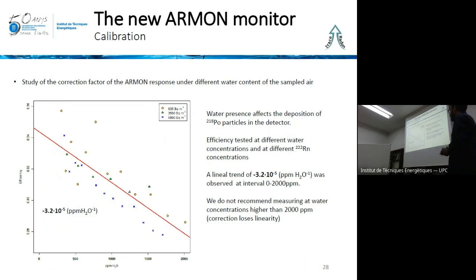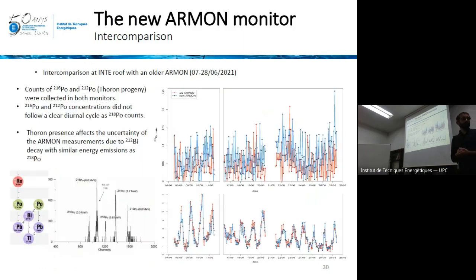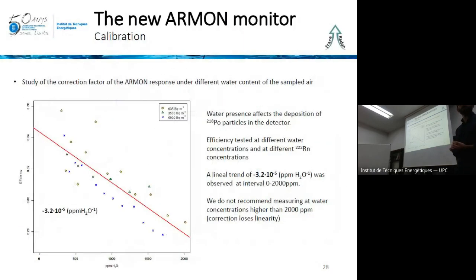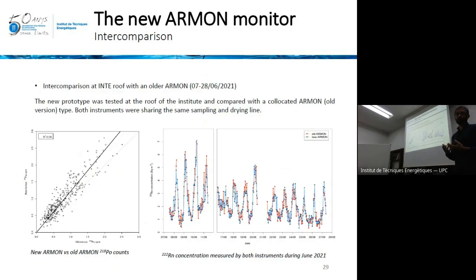But we have quite good agreement in this water correction from 0 to 2000 ppm. For more than 2000 ppm, the correction is not good, so we do not recommend using this instrument open. So there's a need to dry the air that's coming to it.